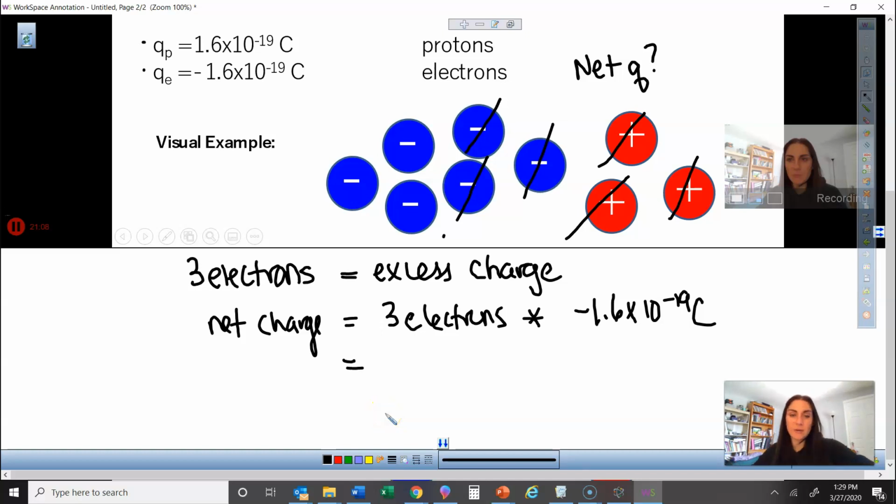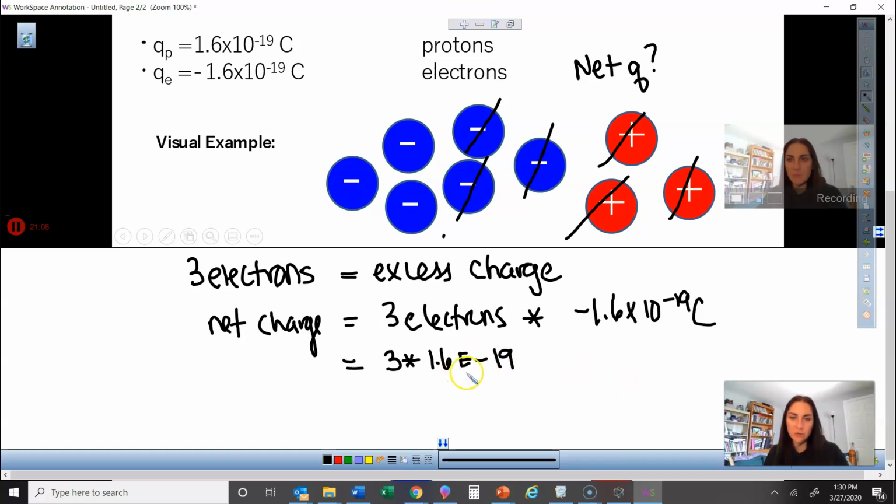So I'll take my calculator. Now, when I do it on my calculator, just like using any sort of large value, I'm going to do 3 times 1.6, and I'm going to use the capital E button on my calculator.